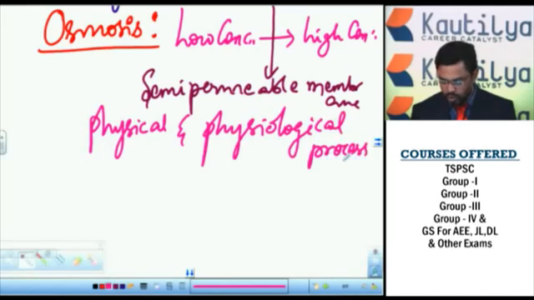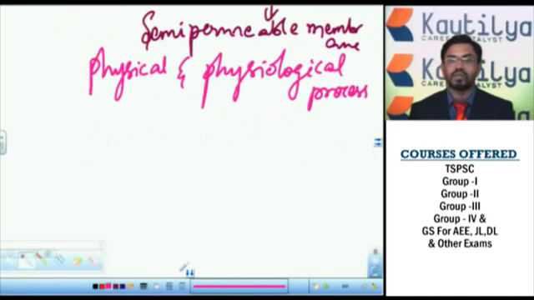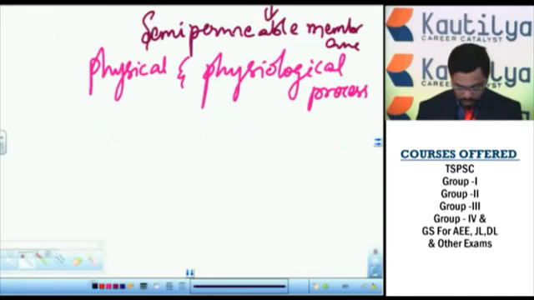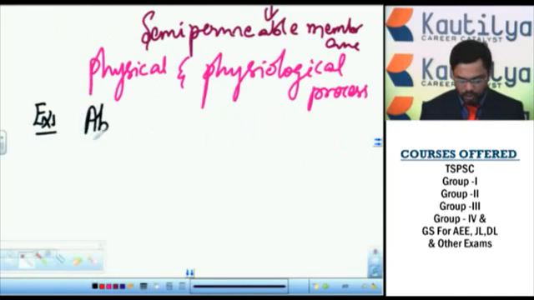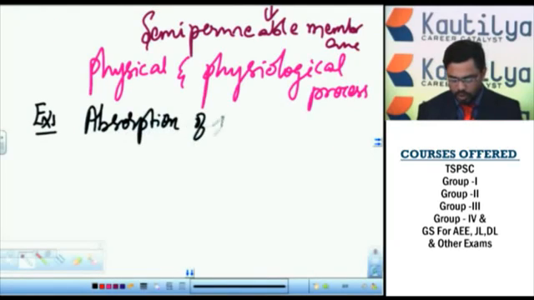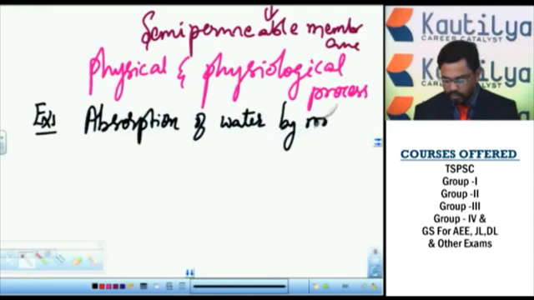The example for this osmosis process is absorption of water by roots from the soil.